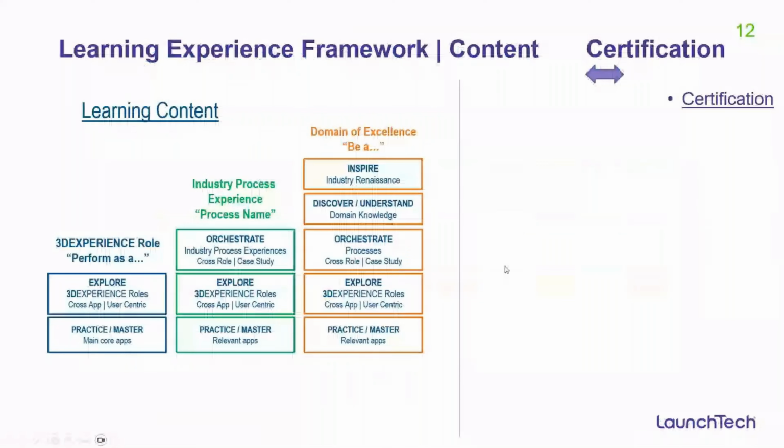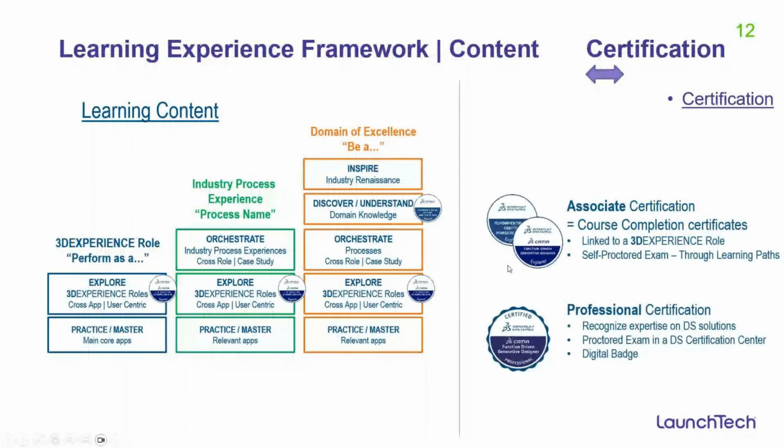As I mentioned, there are certifications. There are two types of certifications, associate and professional. While associate certifications are introductory and have a 75% success rate, the professional certifications have more of a 30% success rate. And as I mentioned, these tools are used by really big names in the industry.